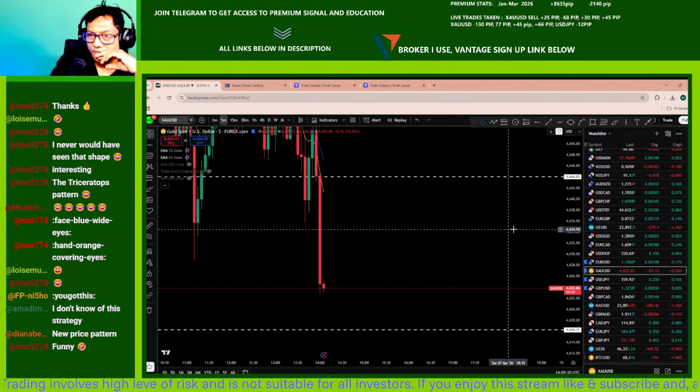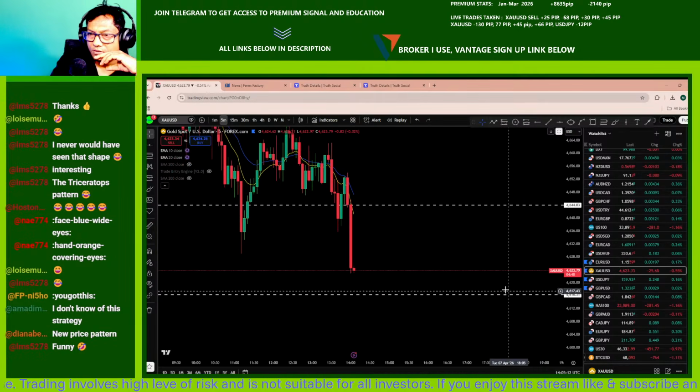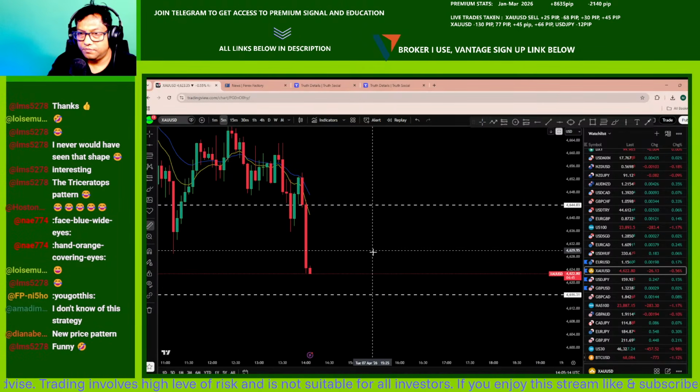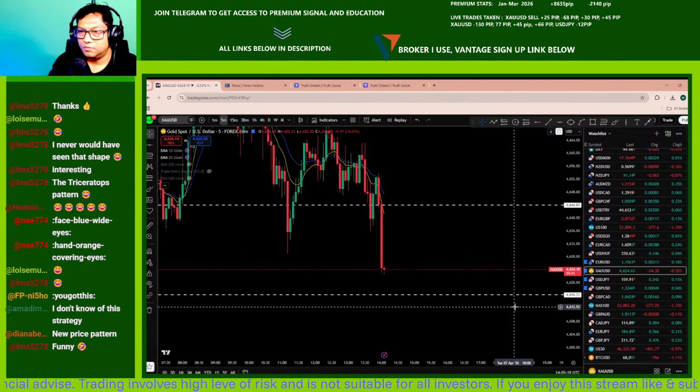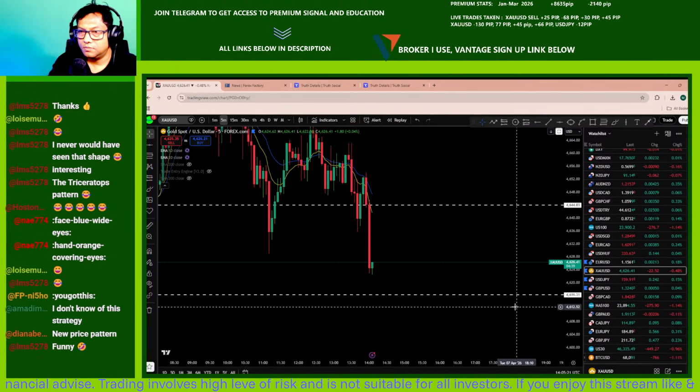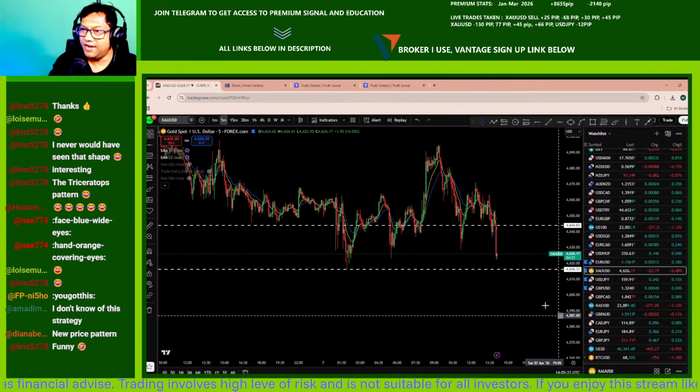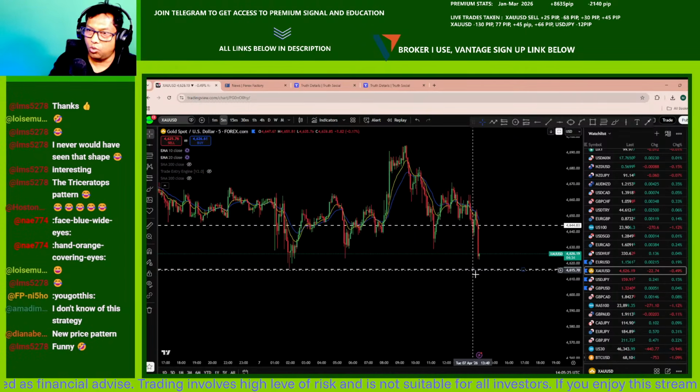Here, I think it's going to close. Pretty big red candle. It might now push back as it has reached that lowest point.